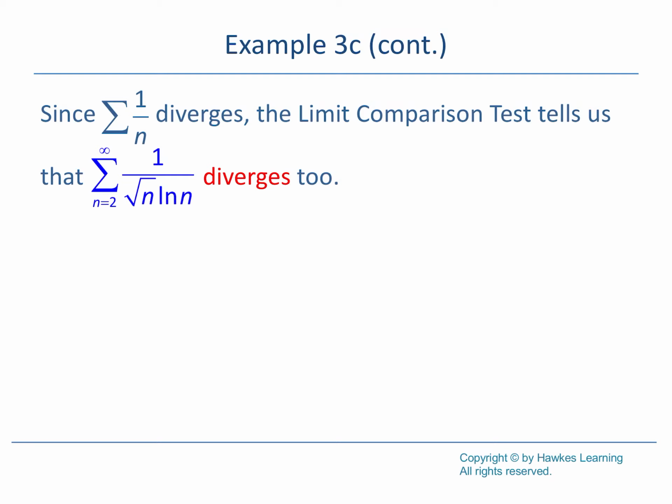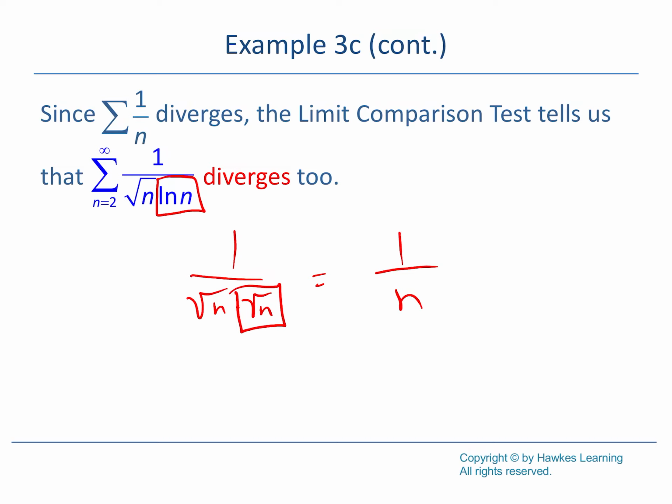To give you a little bit of intuition on why that works, if we had 1 over the square root of n times the square root of n, that would exactly be the harmonic series, right? But what we've done is we've replaced one of these square roots of n with ln of n.